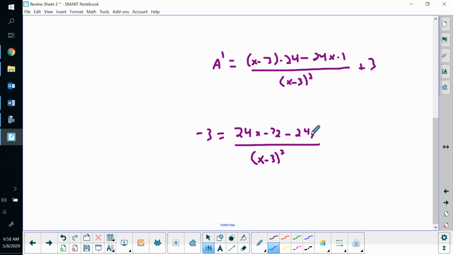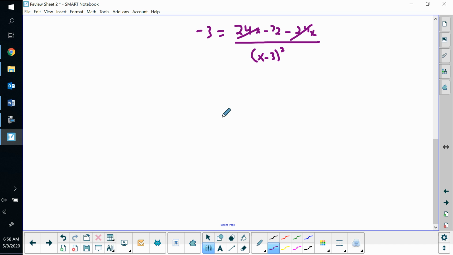Oops, I forgot the x here. Notice the 24x's wipe out. So we have negative 3 equals negative 72 over x minus 3 squared.